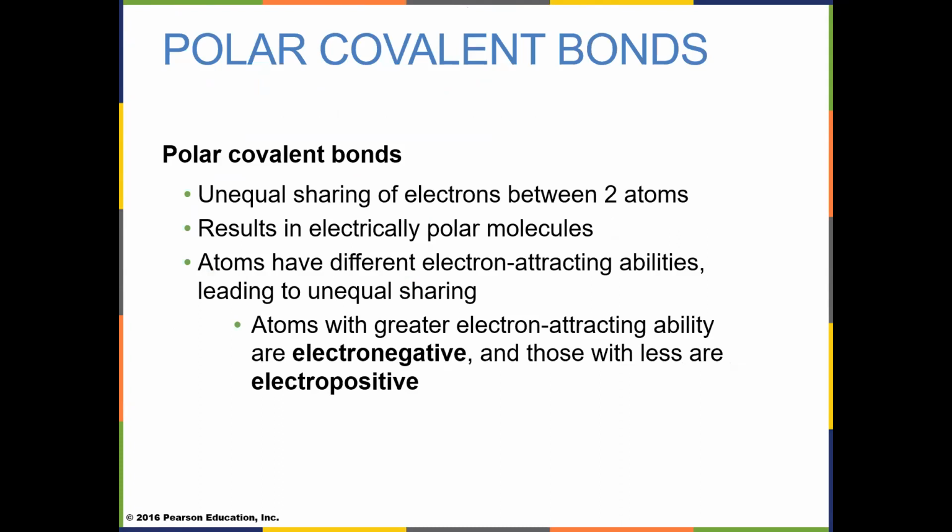Now, polar covalent bonds occur when we can have a regular covalent bond, like we have in methane or propane. We can have a regular covalent bond in carbon dioxide.